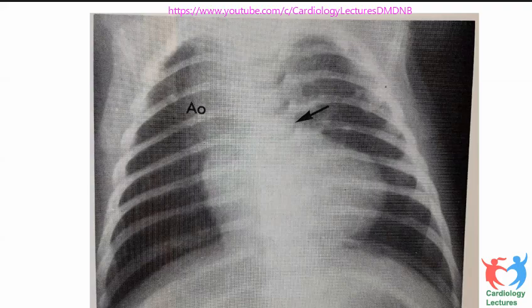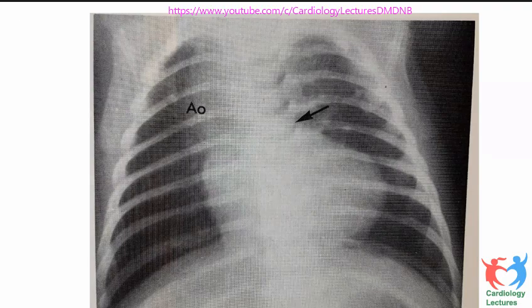If the indentation is on the left side of the trachea with concavity towards left, it indicates a left side aortic arch. On the other hand, if the indentation is on the right side of the trachea, with the concavity towards the right side, that indicates a right side aortic arch.